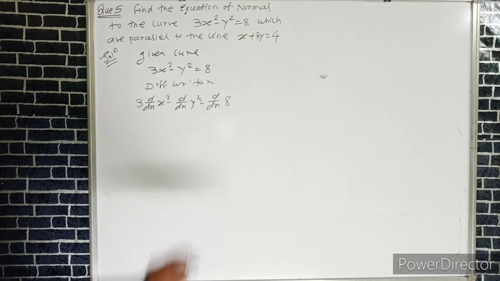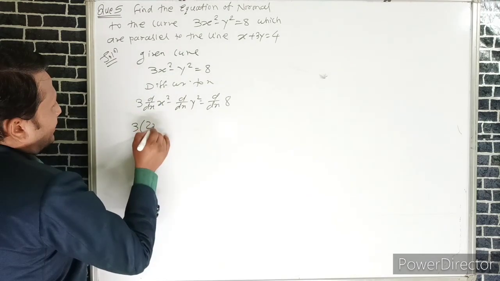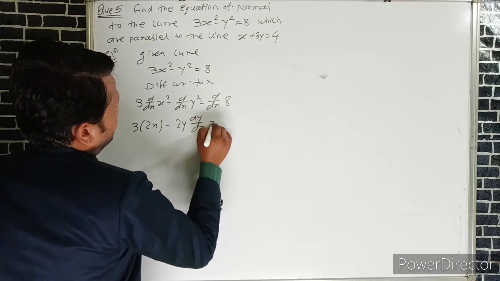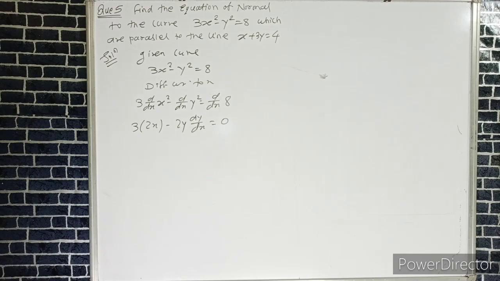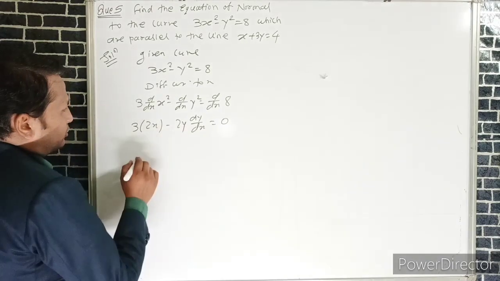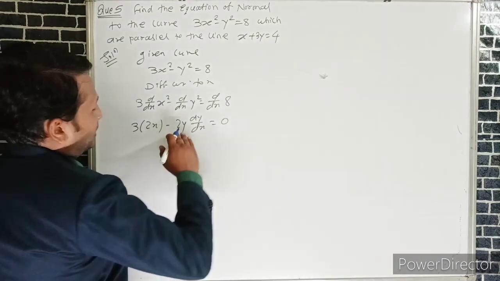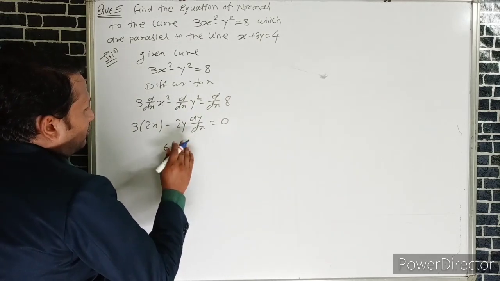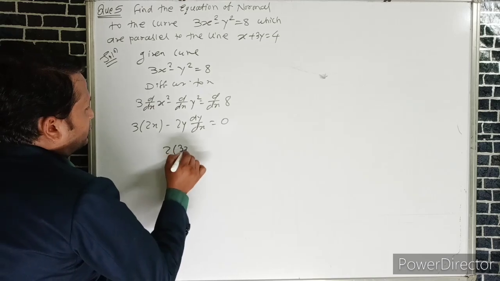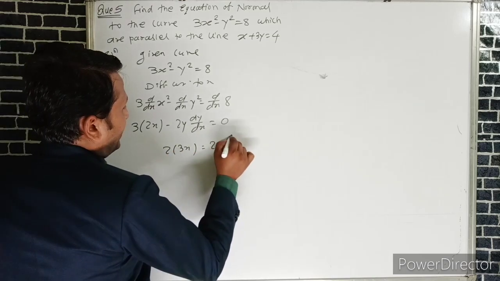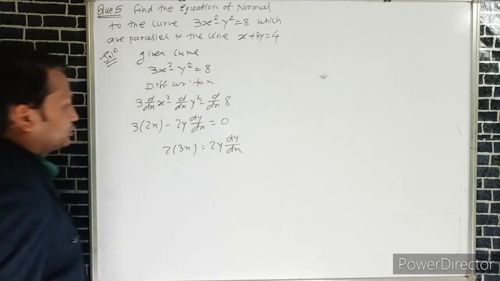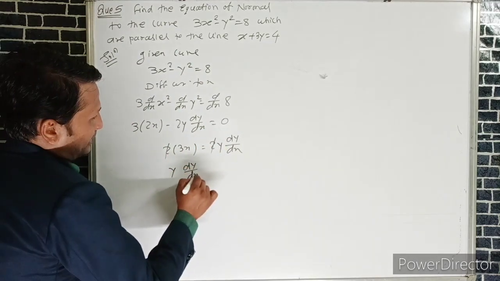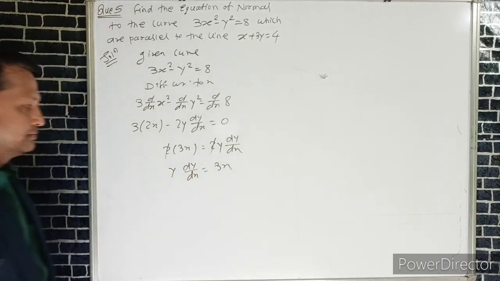The derivative of x² is 2x, so 6x minus 2y dy/dx is equal to 0. Taking 2y dy/dx to the right side, 6x, or 2 into 3x, is equal to 2y dy/dx. The 2 gets cancelled, so y dy/dx is equal to 3x.